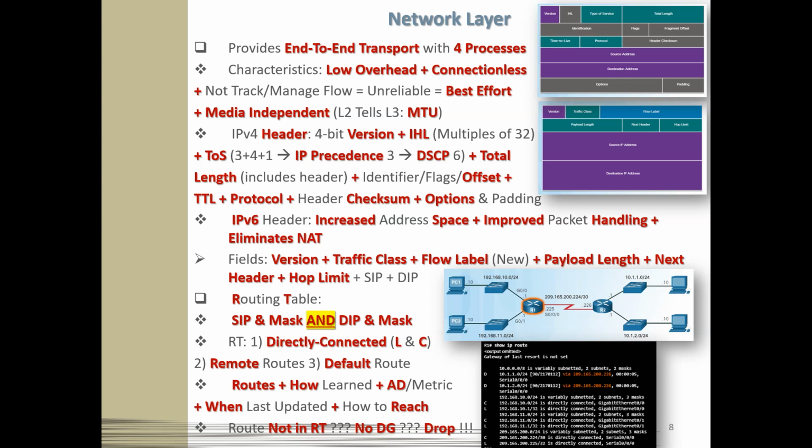Next is routing. Routing happens in layer 3. This is to direct packets between hosts. For this purpose, the source IP address and its associated mask are compared with the destination IP address and its associated mask, and this process compares them against one another to determine if the host is on a local or remote network.